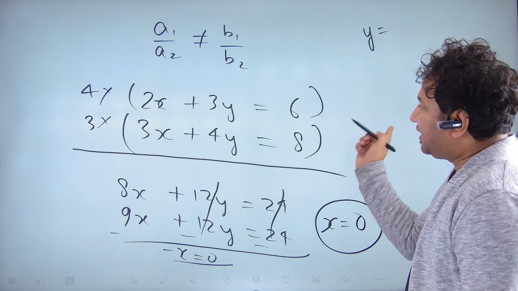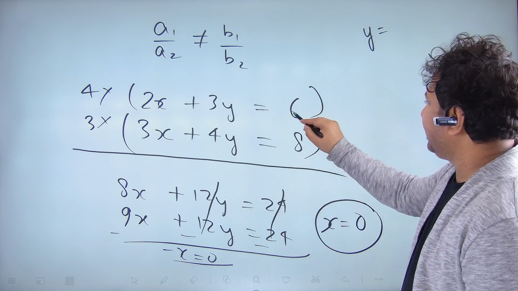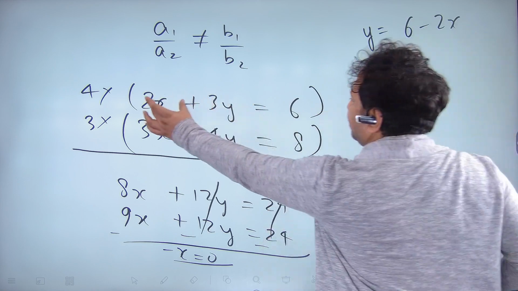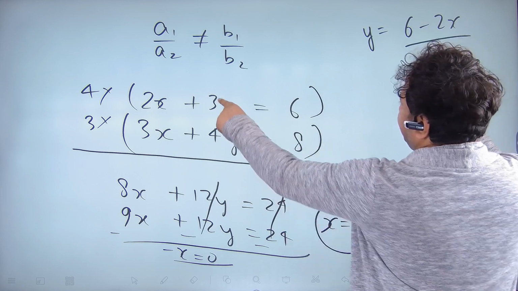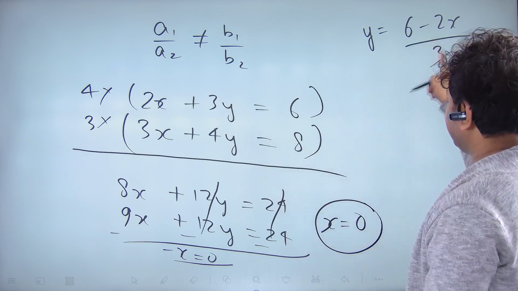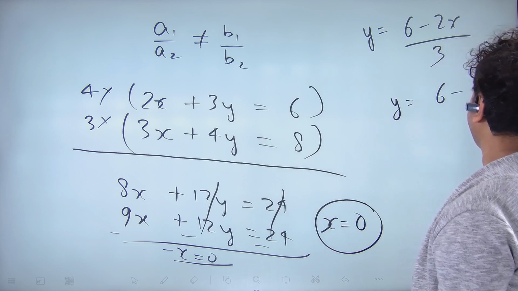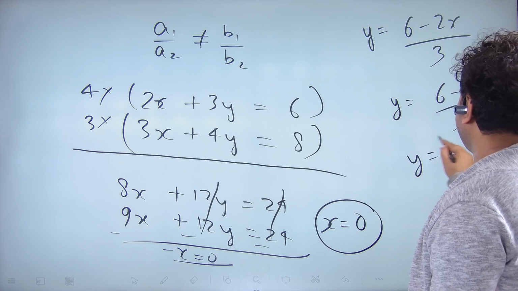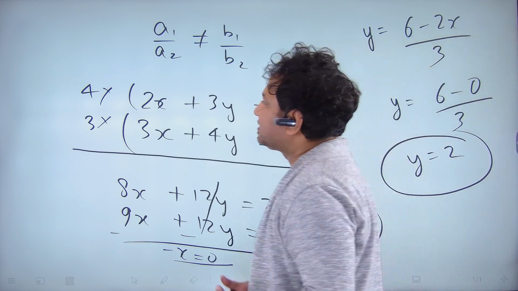So from the first equation, y can be written as 6 minus 2x, divided by 3. So 2x goes this side, on the right hand side becomes negative. So 2x is 0 already, we can put it there. So y will be equal to 6 minus 2 into 0, that is 0 only, upon 3. So y becomes 6 by 3, or we can say 2. So y is equal to 2 and x equal to 0 in this case.